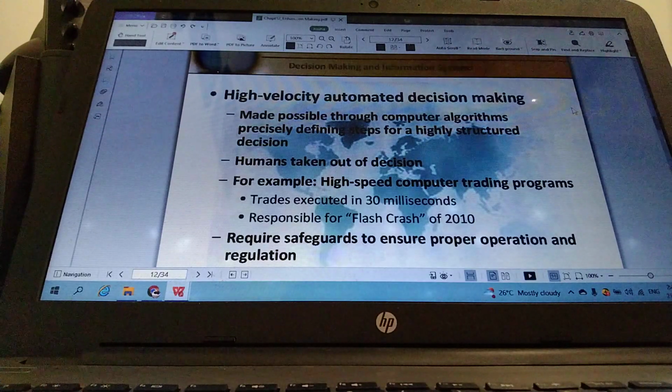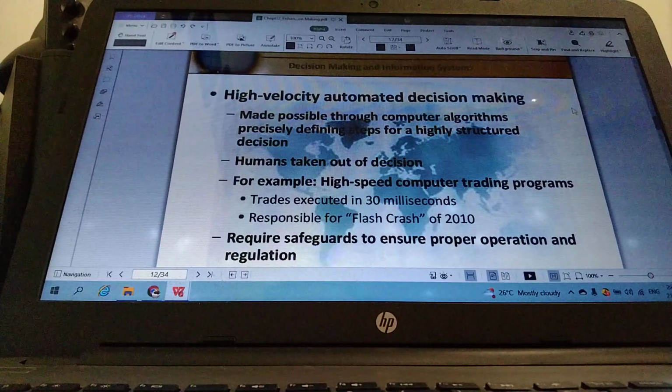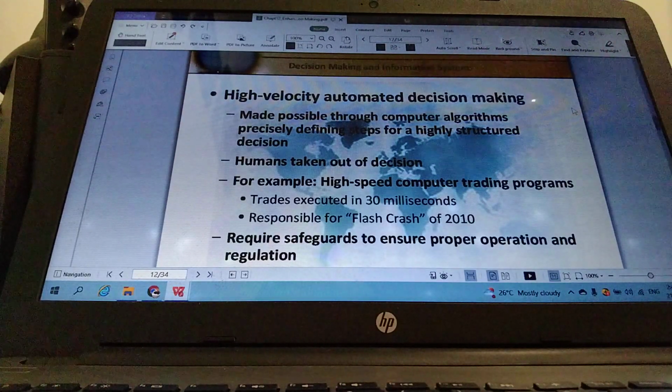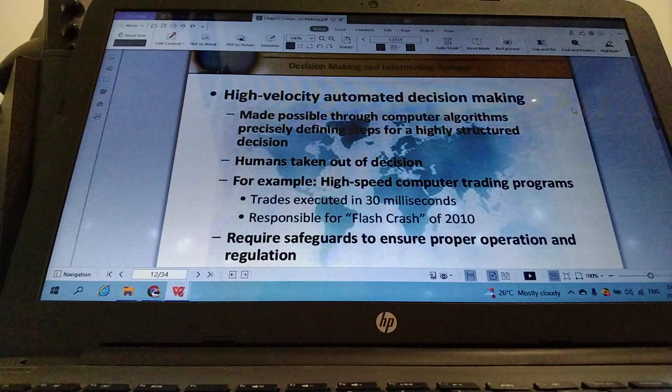So in the case of, for example, business intelligence or artificial intelligence, which is a very common term in today's world at present, where the system, either the software or the enterprise system or the knowledge management system, is equipped or is designed and developed with some sophisticated, complicated, or fully automated computer algorithm, so that the system can be used in making very precise defining steps for highly structured decision.